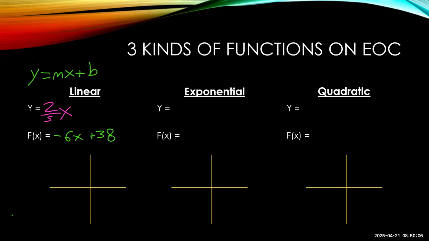Exponential. Now, we didn't spend a ton of time on these, but for an example of exponentials, give me two different numbers. Just throw two random numbers. 17. There you go.